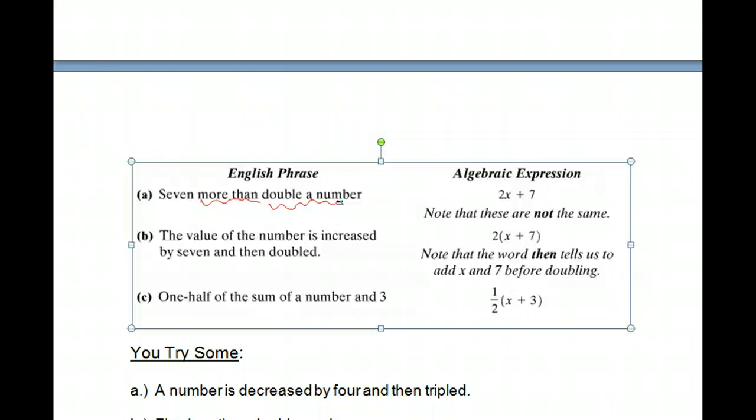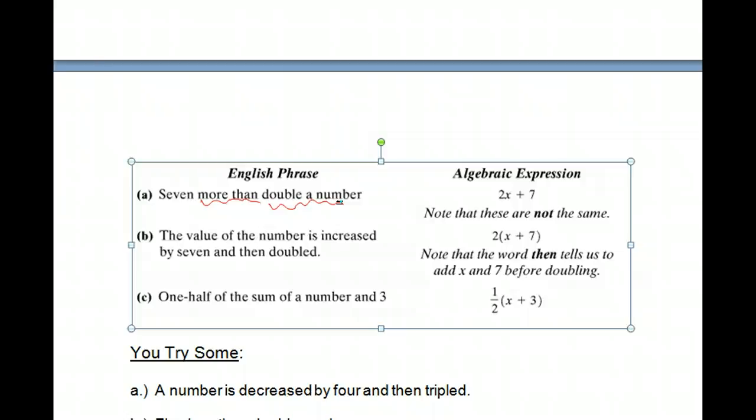However, in letter B, if you take a look at that one, it says that the value of a number is increased by 7 and then it's being doubled. So if you think logically about what's happening here, first I'm adding and then I'm multiplying.